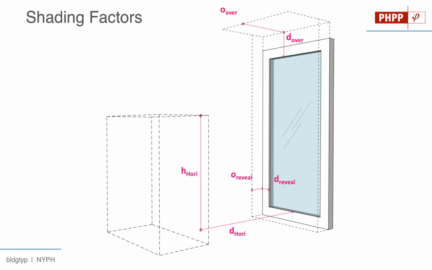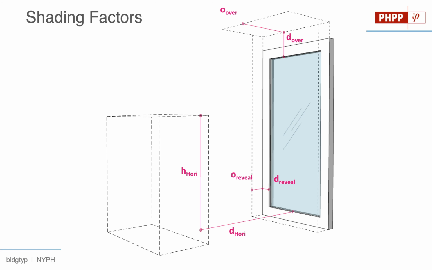It's very common to have things like roof eaves or direct overhangs, balconies, all sorts of elements that might be causing shading to our windows from above. So 3 different types of shading that we're asked to input when it comes to the geometry of any individual window. And this information is going to be used to calculate those shading factors.